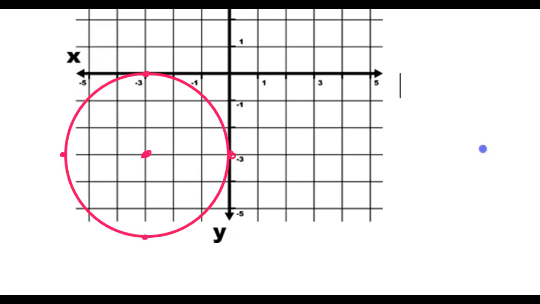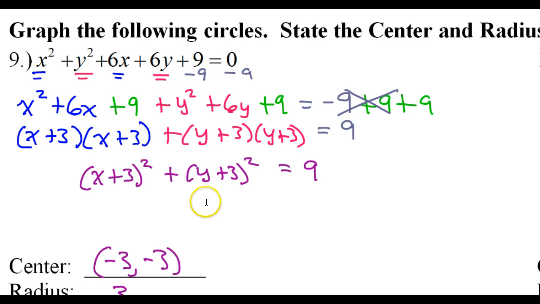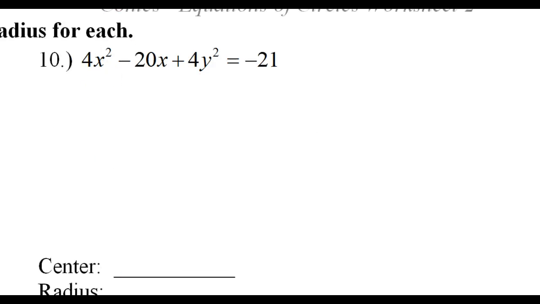Okay, so your graph should look something like that. It does go off the grid a little bit, but that's okay, it happens. So that was number 9 we just did. Alright, now let's do number 10.